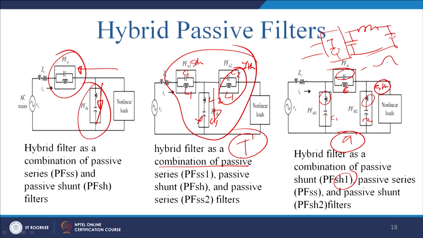You actually provide high impedance to both the fifth and seventh harmonic, and here you provide a sink to the seventh harmonic. But here you have trapped the seventh harmonic, but it is not getting a path to flow. Here you have provided the drainage for the fifth harmonic. And also if you see the component count, here the component count is less. So, anyway, each has its own advantage and disadvantage.